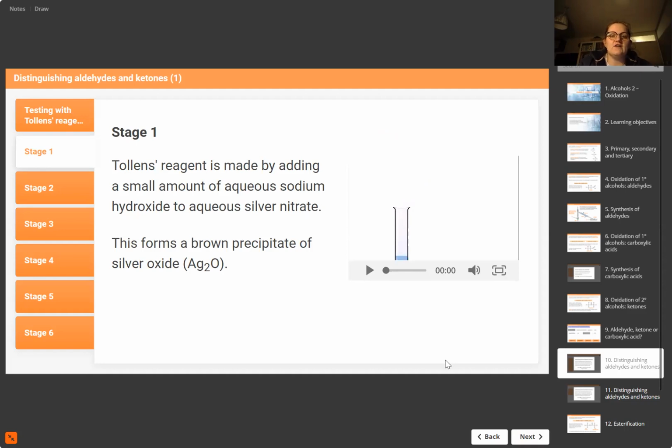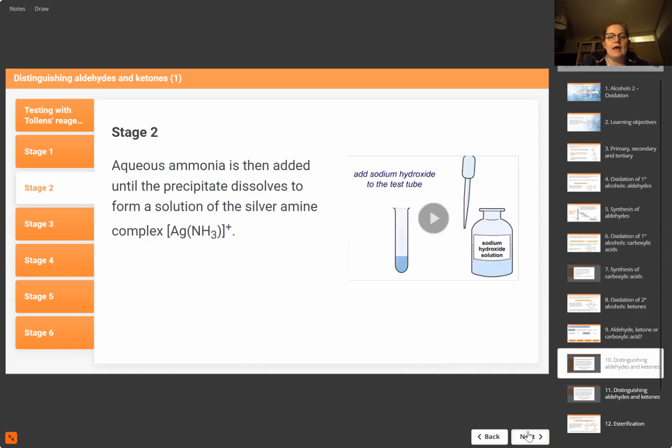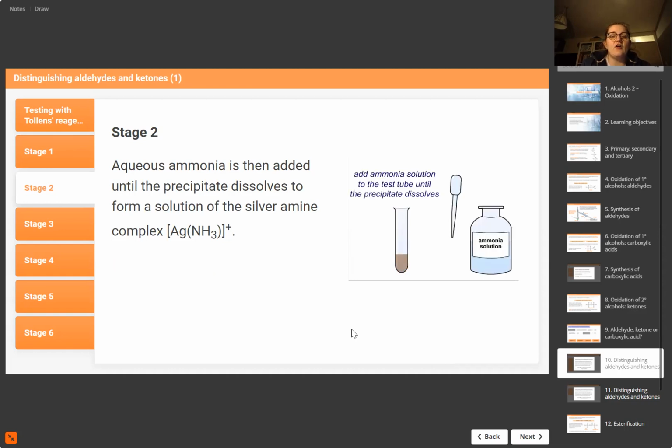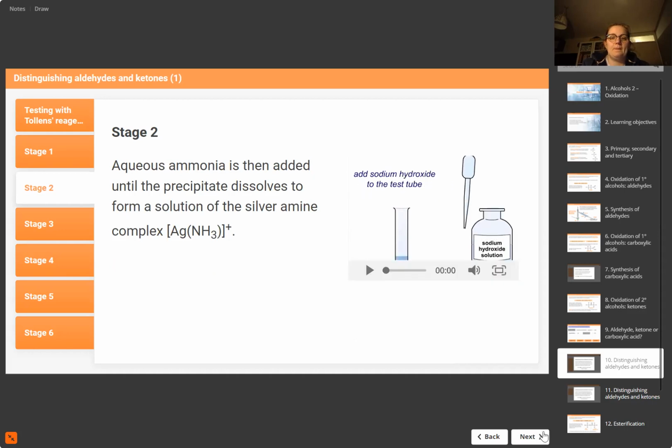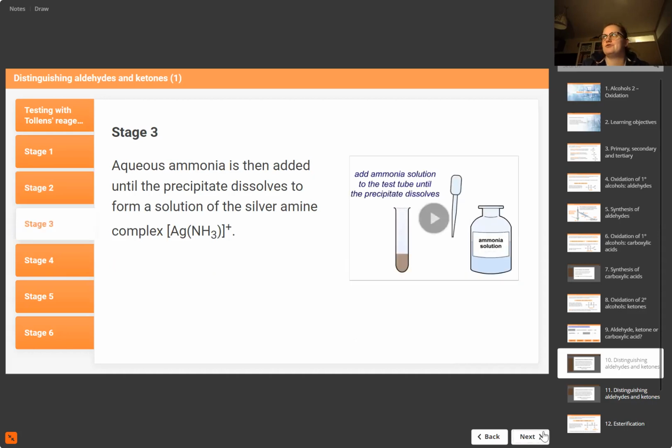So Tollens reagent is made by adding aqueous sodium hydroxide to aqueous silver nitrate, forming a brown precipitate of silver oxide. Aqueous ammonia is then added until the precipitate dissolves and forms a solution of the silver amine complex. So that's just making our Tollens reagent.